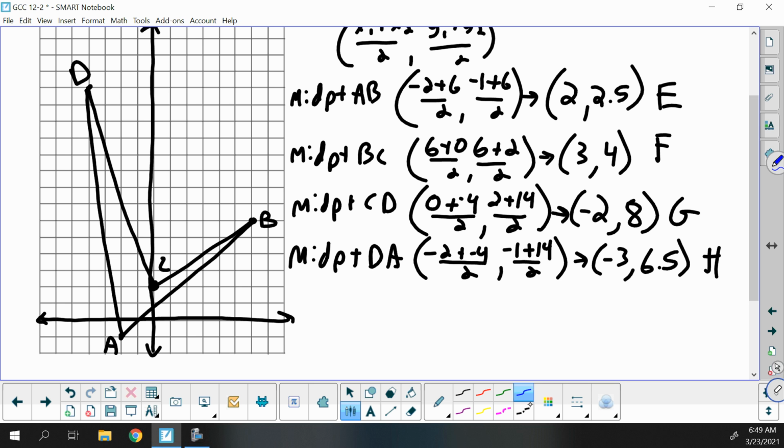So we can plot those points now over here. Now note, when you plot them, they should be on the side that it's the midpoint of. So we've got 2, 2.5 for point E, 3, 4 for BC, negative 2, 8. So mine, it looks like my line is a little off.